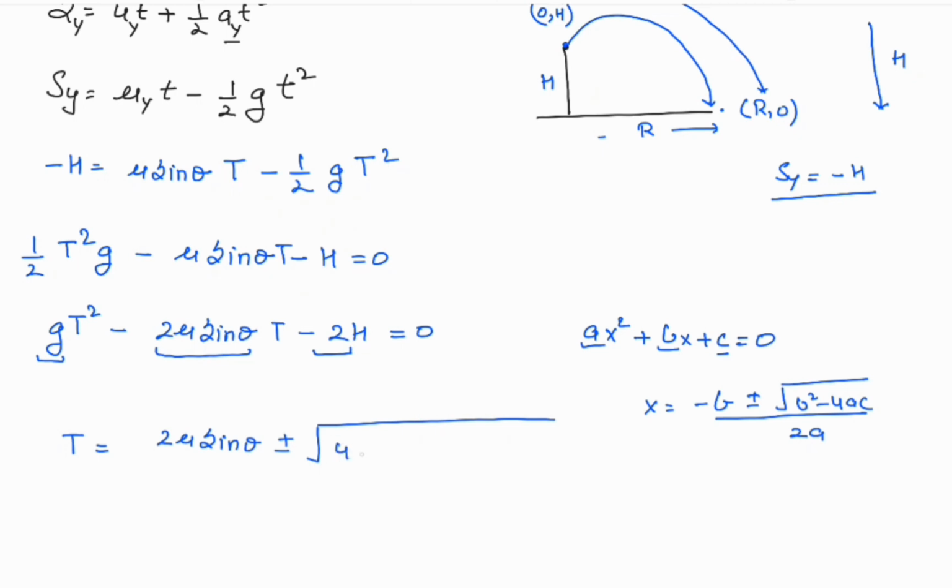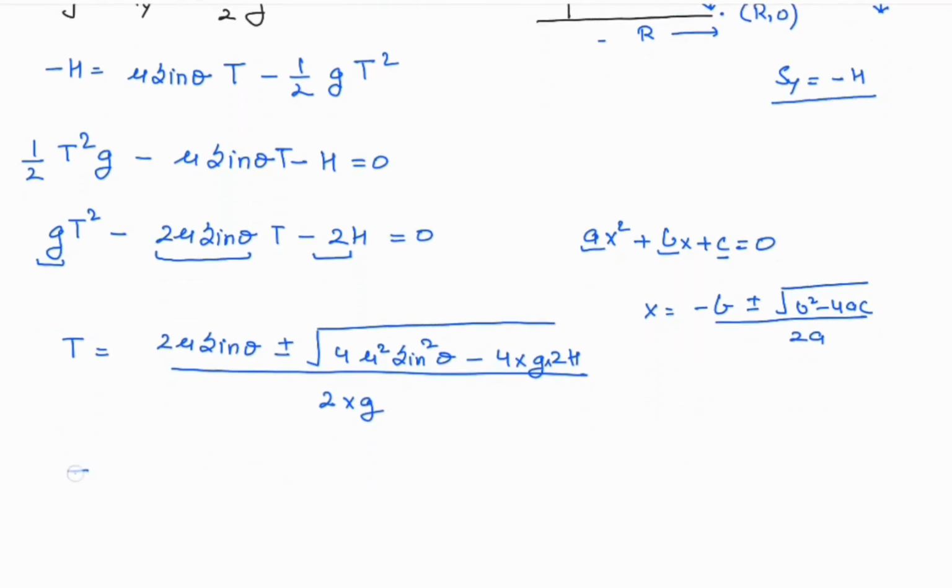B square means 4 u square sine square theta, minus 4ac. 4 multiplied by a, which is g, and c is minus 2h, divided by 2a, where a is g.